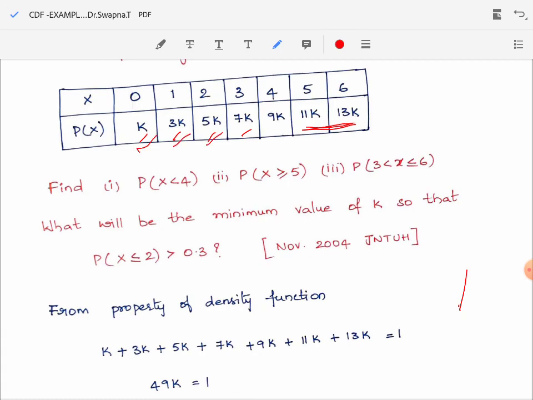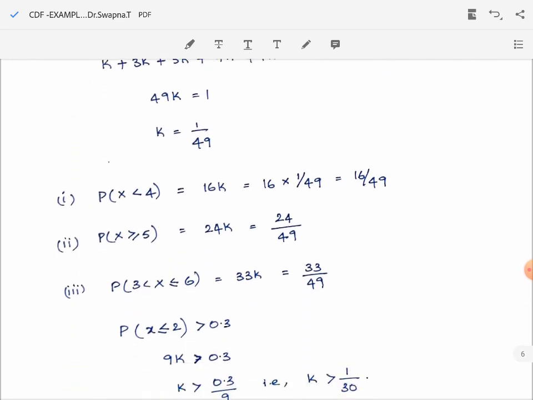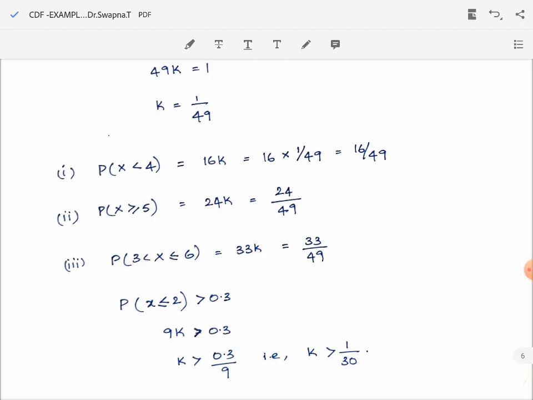So 9k is greater than 0.3, so k is greater than 0.3 by 9. That is, k is greater than 1 by 30.